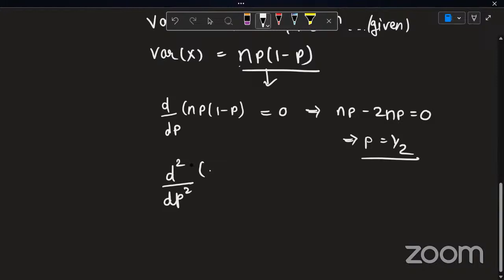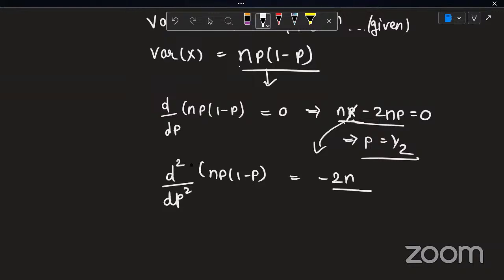So p into 1 minus p, if we differentiate with respect to p, the first order derivative, and again differentiate with respect to p, this will be minus twice n.